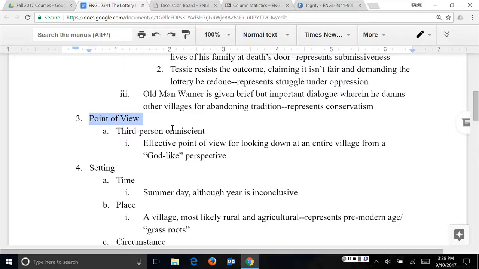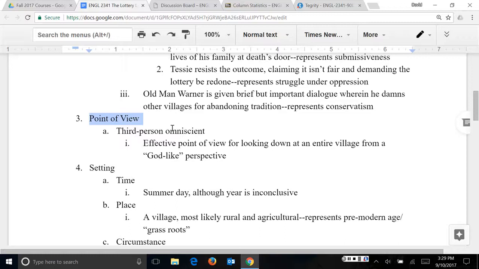But some stories are told from the first person's point of view. Either a character in the story is narrating over the events. And sometimes we even have second person stories, and those are a little more rare, where we say, you do this, and it kind of tells you what to do. And we see some memes that look a lot like that are told from second person point of view.